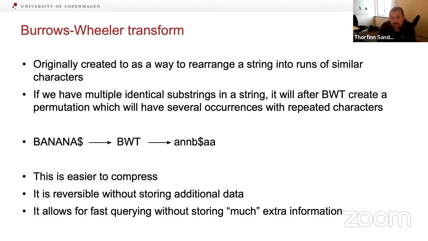So if you have multiple identical substrings in the string, which in our case is the reference genome, then this transform will transform it into some kind of permutation where there will be several occurrences with repeated characters. And when you have repeated characters, it also makes it a lot easier to compress. So this was built for doing compression, and it's also the underlying engine in the bzip tool, which is standard on all Unix computers.